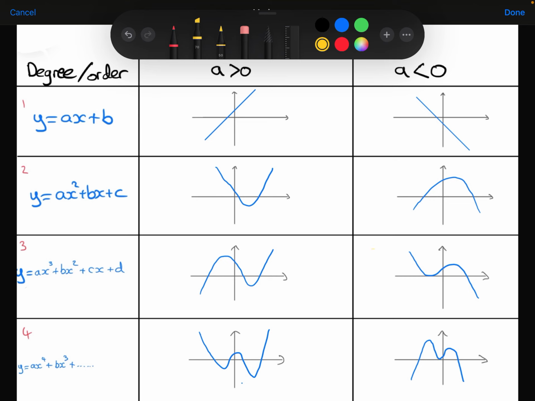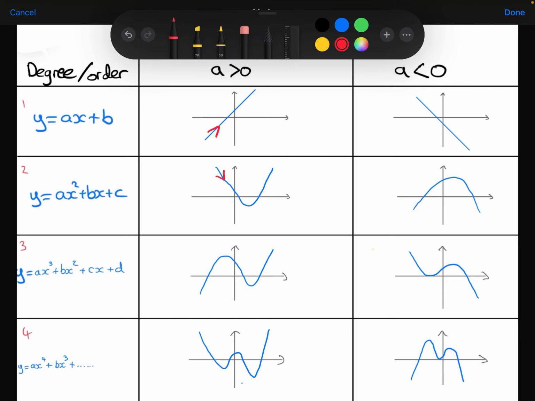Now, in the left-hand column, I've got if a was positive, so if the number at the front is positive, what would the graph look like? So with a simple y equals ax plus b or mx plus c graph, we know it starts going up like that. With the quadratic, though, we know it starts going down.